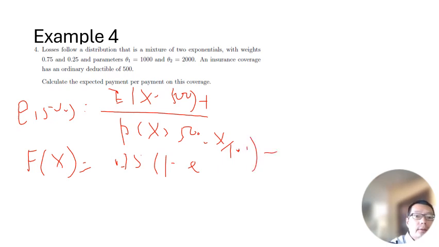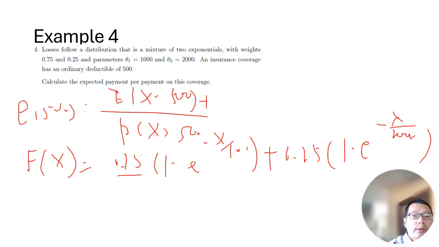Here 0.75 and 0.25 are the weights. The F(x) for each exponential distribution we know from what we learned about the exponential, and it's also in the formula sheet. The exponential distribution is just itself, which is easier.